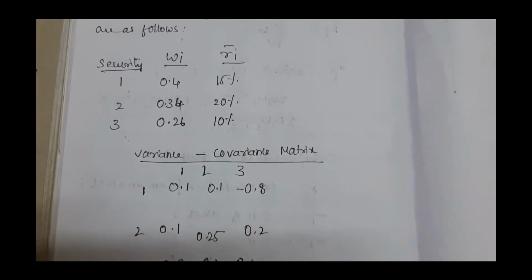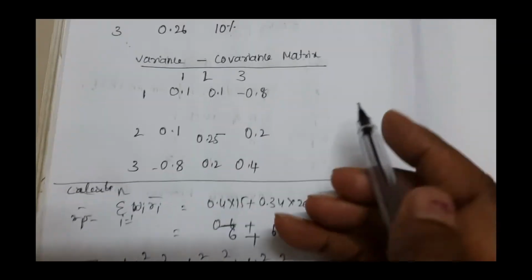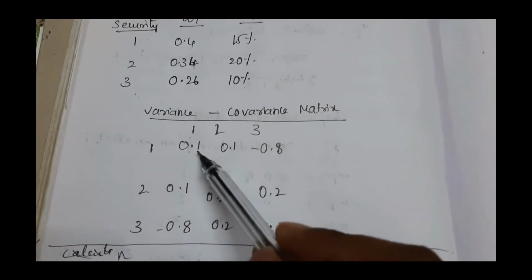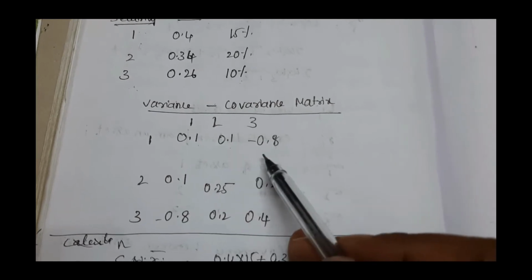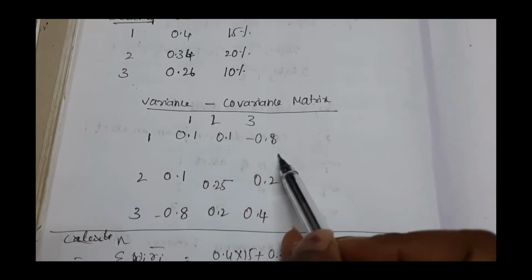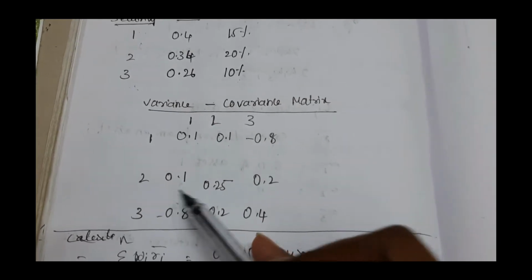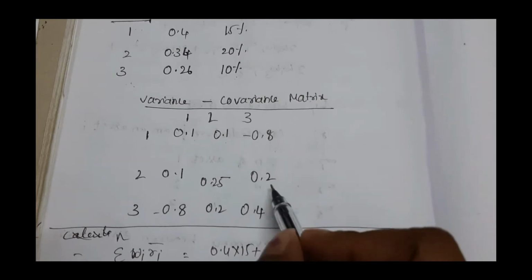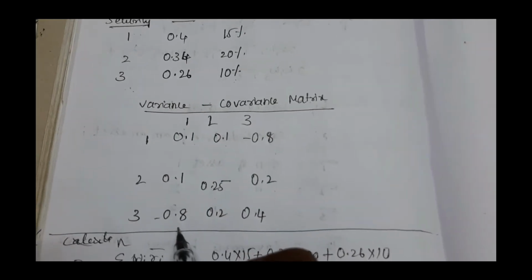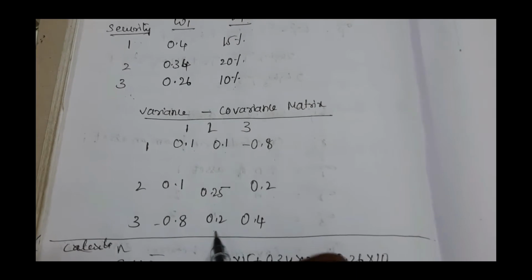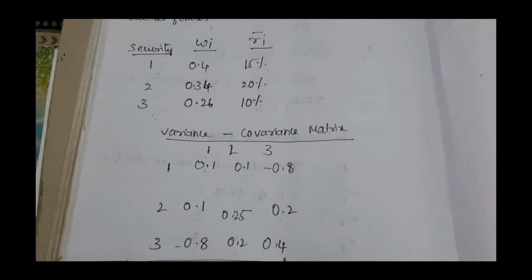And apart from that, variance and covariance are given here. So 1, 2, 3: 0.1, 0.1, minus 0.8; 0.1, 0.25, 0.2; minus 0.8, 0.2 and 0.4.